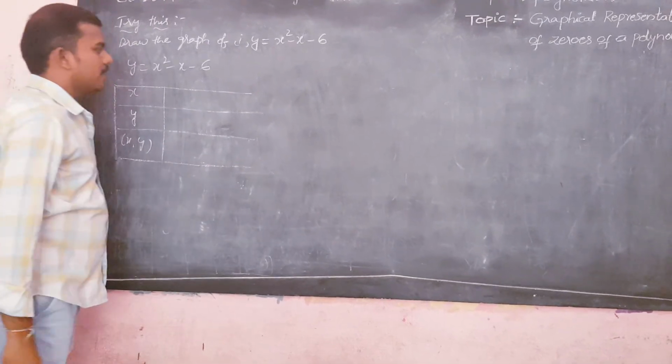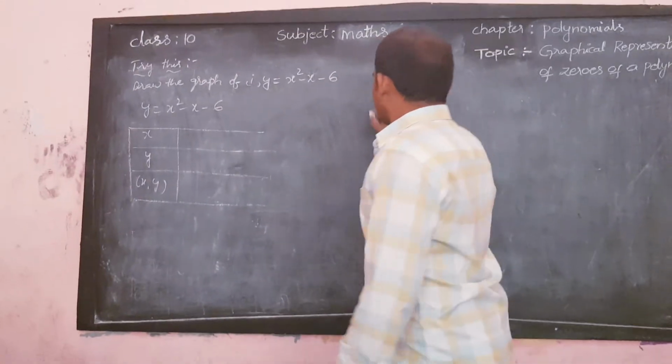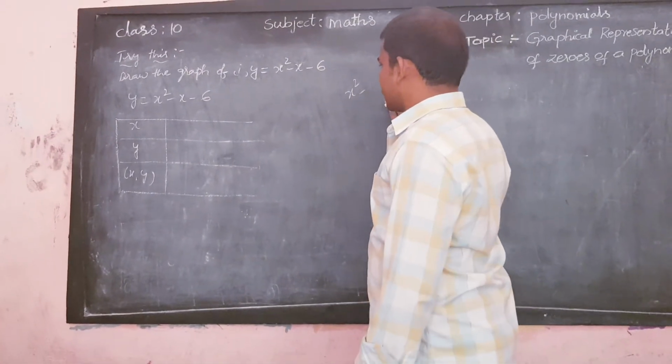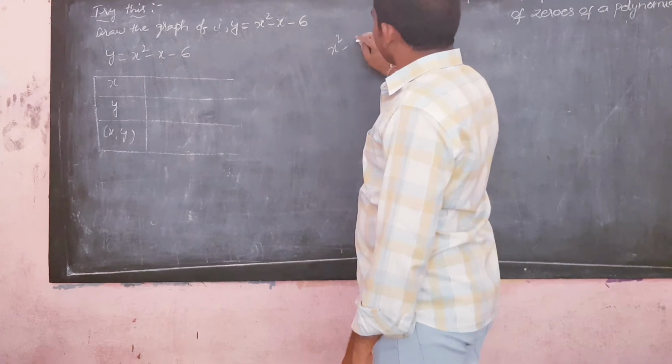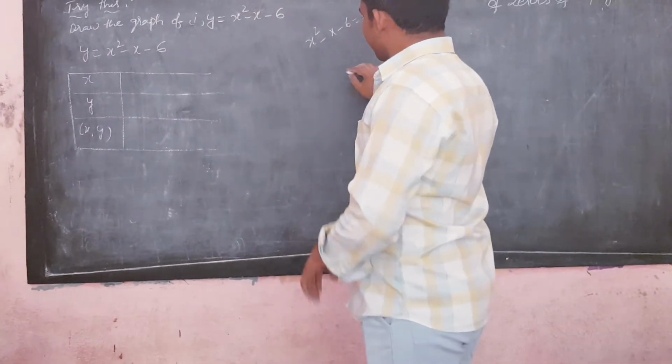So we take the points, before that, verification of the given polynomial x square minus x minus 6 equal to 0.